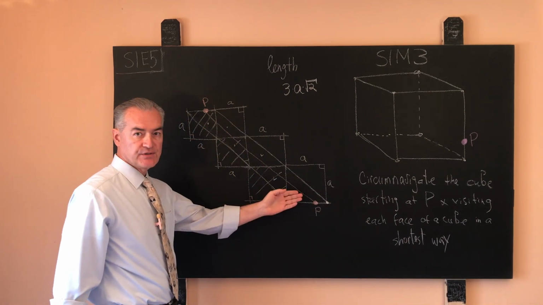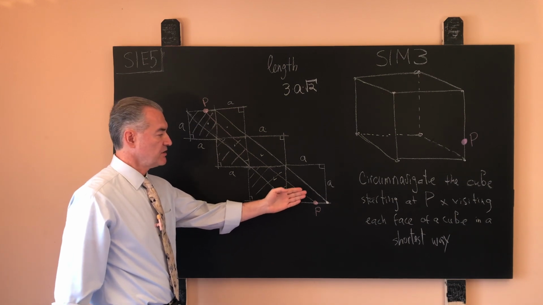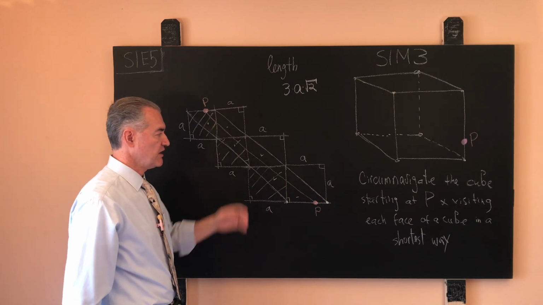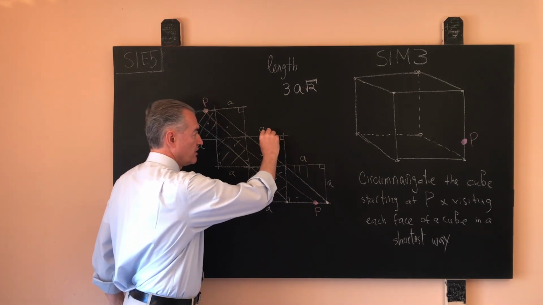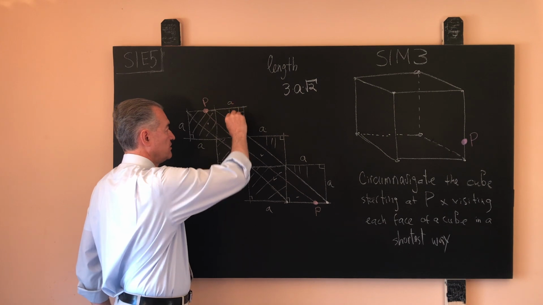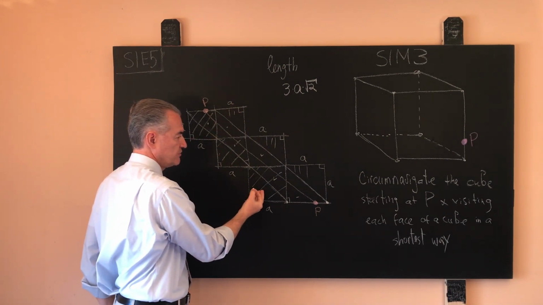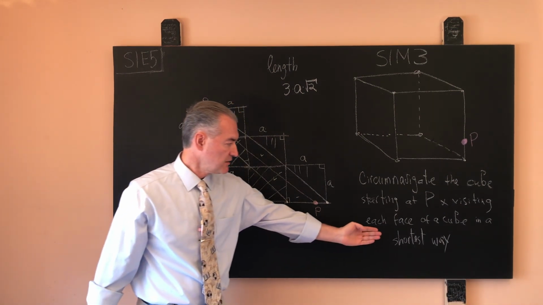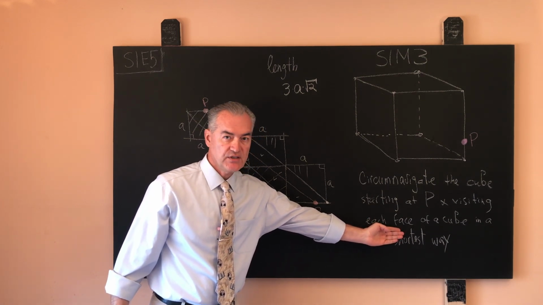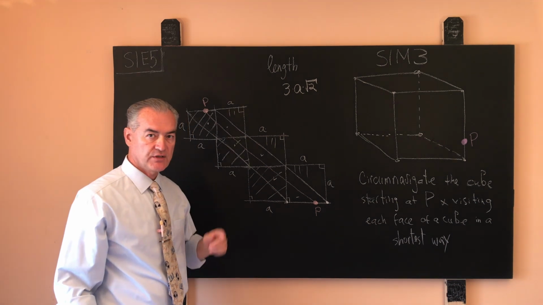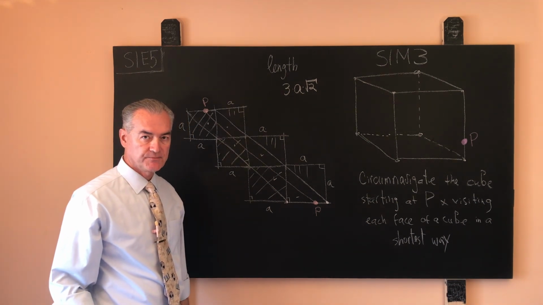And on this particular journey, yes, the ant will circumnavigate the cube, but it will only visit this face, and this face, and it will not visit these 3 faces over here, thus violating the constraint that each face must be visited on that circumnavigating journey.